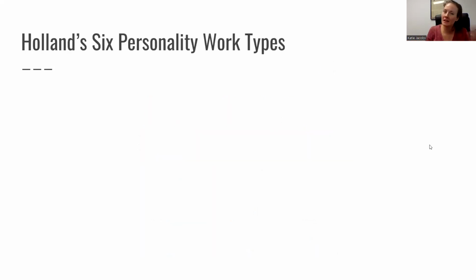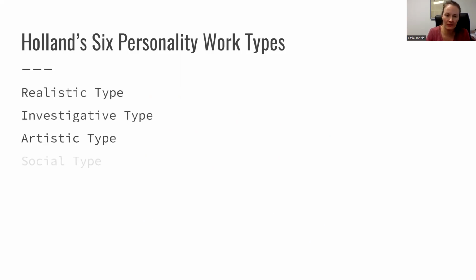So after you've taken the inventory, you'll see that you have certain personality work types. A lot of times what you'll see is you'll have three top ones. So it might be artistic, social, conventional, and you have a code, and those line up with different types of jobs. You may have even taken this already. A lot of high schools are doing a lot of career planning where they're having people do a lot of inventories and things. But there's different types.